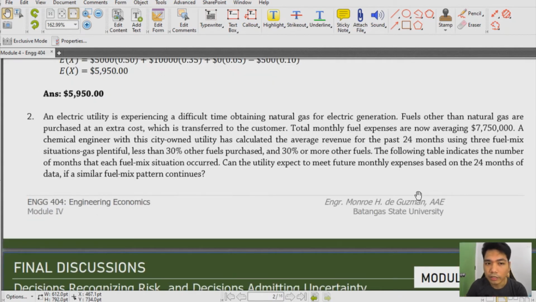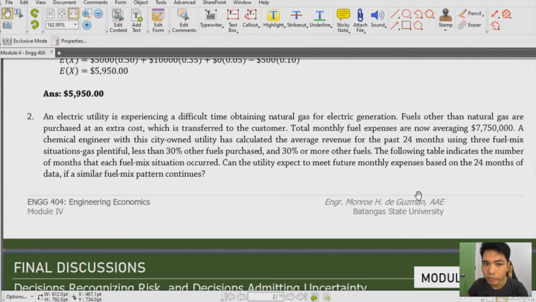An electric utility is experiencing a difficult time obtaining natural gas for electric generation. So fuels other than natural gas are purchased at an extra cost, which is transferred to the customer. Total monthly fuel expenses are now averaging 7,750,000.